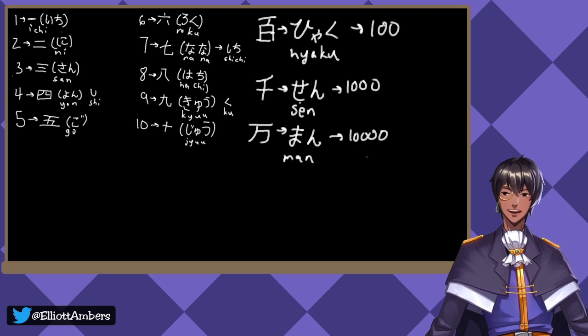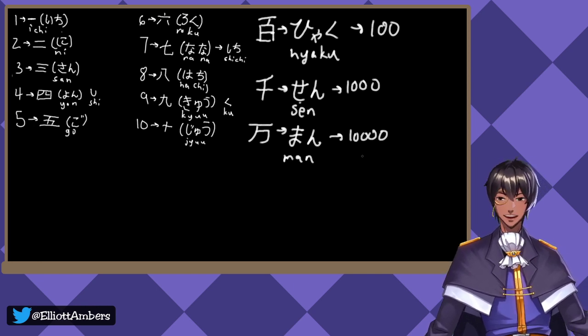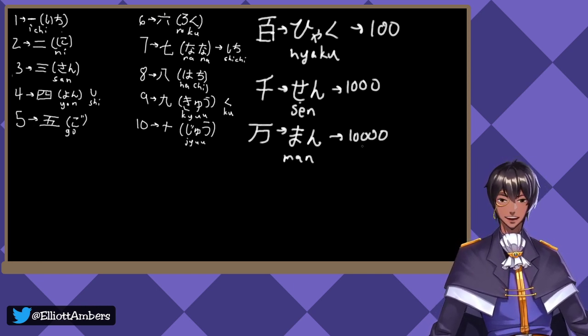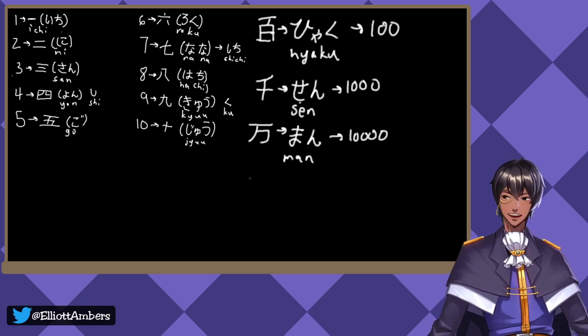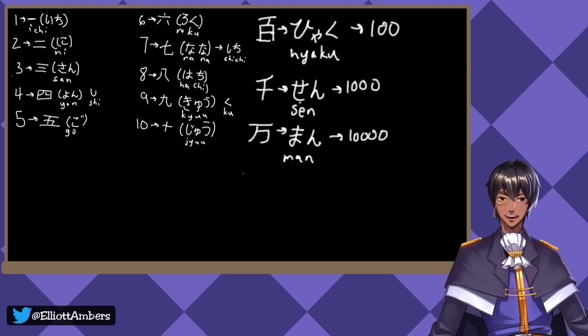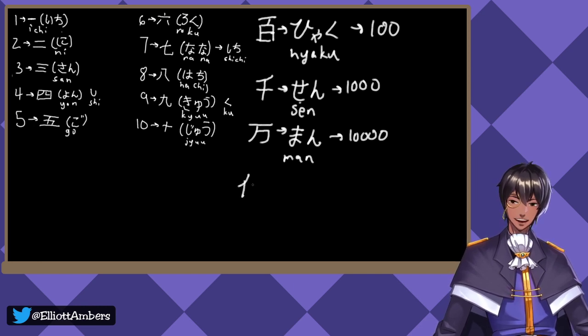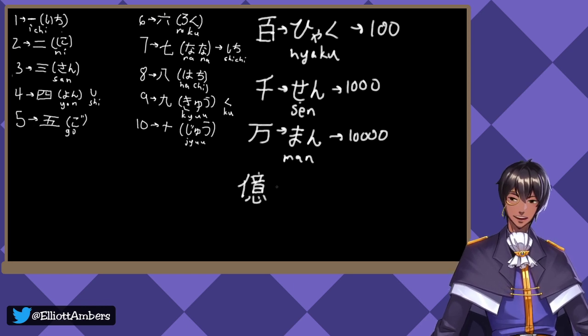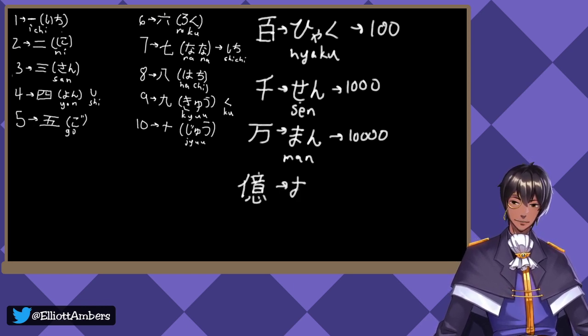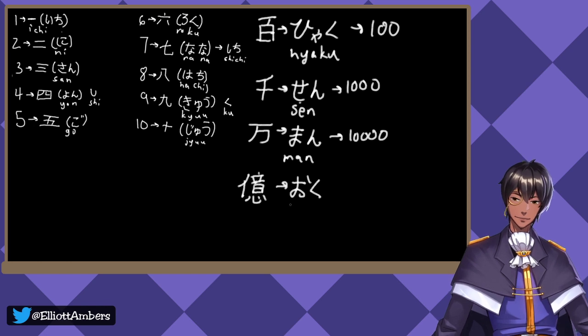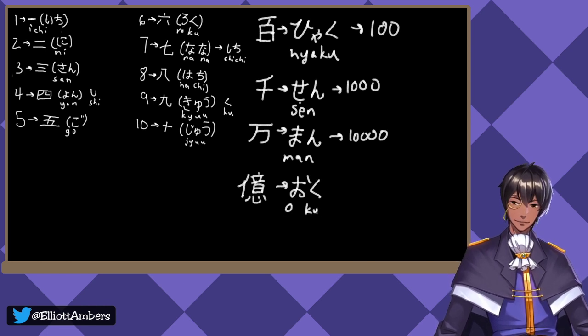And this is going to throw you for a loop. No, the next power of 10 that we're going to talk about is not 100,000. The next counting number that they have for powers is... And this one's really tricky to write too. This is oku. Oku.